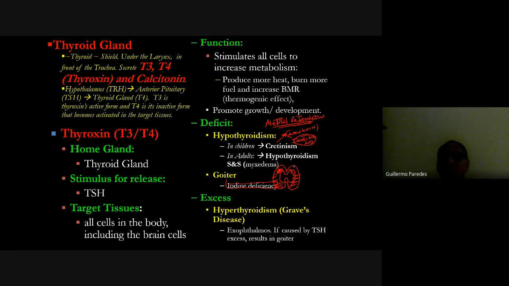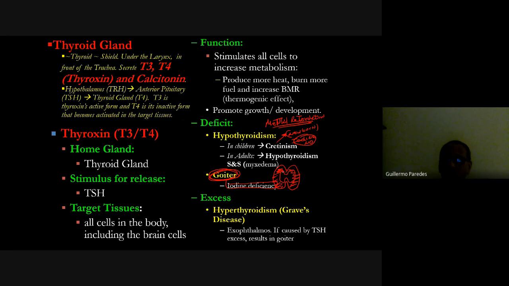That's why the thyroid starts to enlarge. The number one cause of goiter in the world is iodine deficiency.